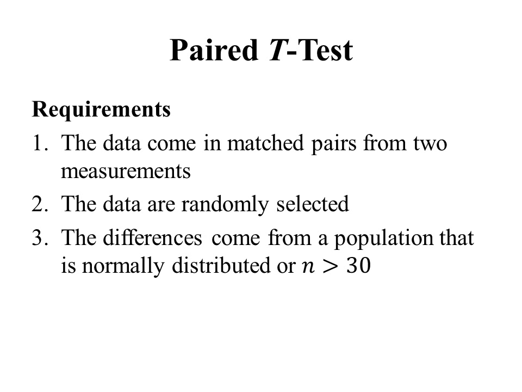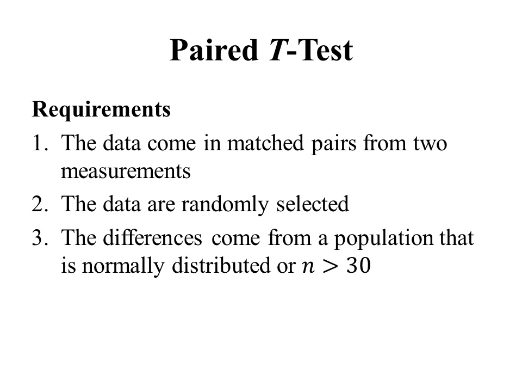Now, real quickly, let's talk about the requirements for this paired t-test, then we'll start applying it to our example. First requirement for this paired t-test is that the data come in matched pairs from two measurements. And that's exactly what we have here. Our measurements are the score at the beginning and the score at the end. Our data come in matched pairs. So our first requirement is met.